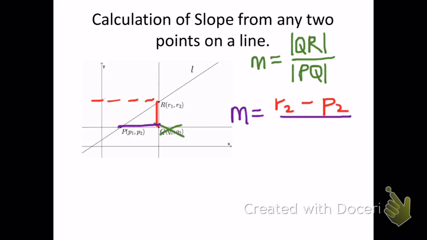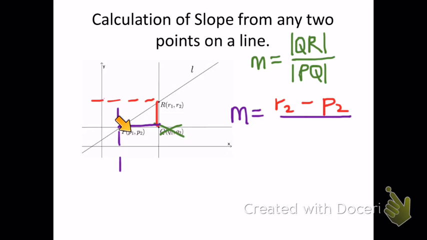In the same way, to find that horizontal distance here, it's the difference between these x coordinates. And let's draw some lines for that. I can go right here and drop a line down. And it's this distance along the x-axis here. It's the same distance here.